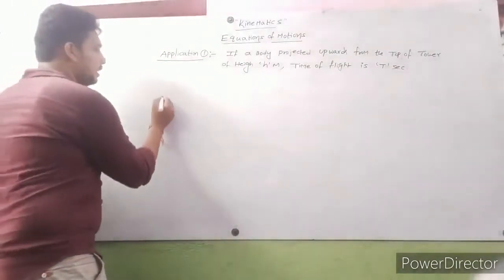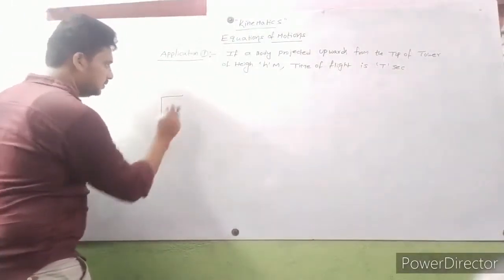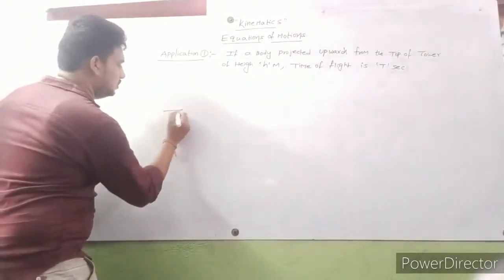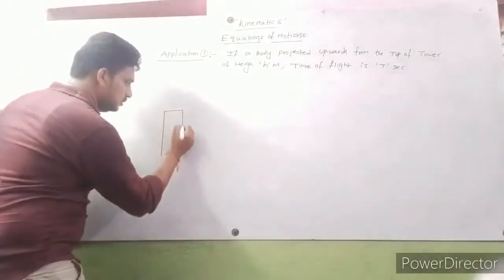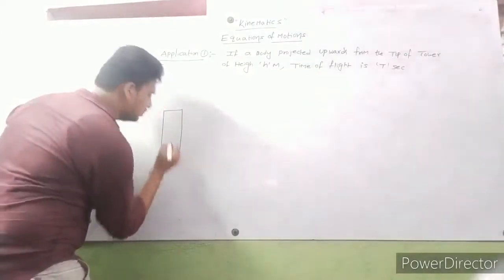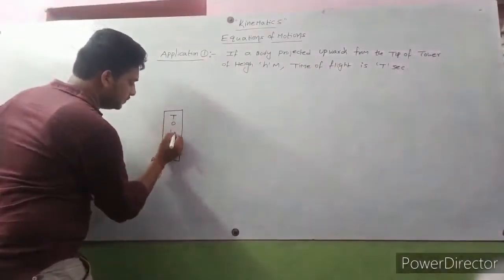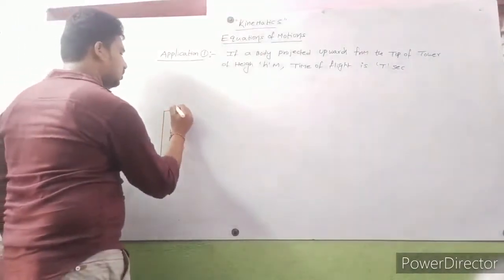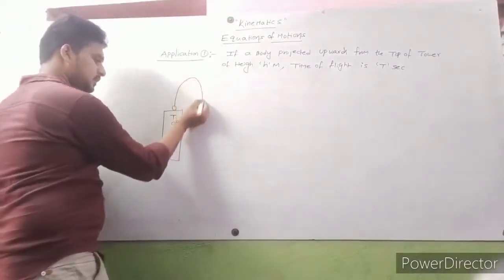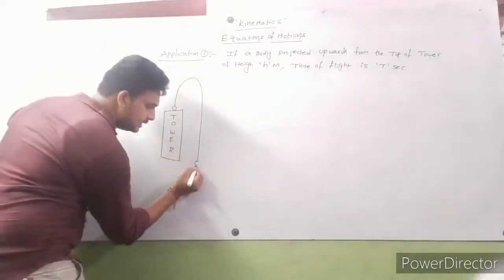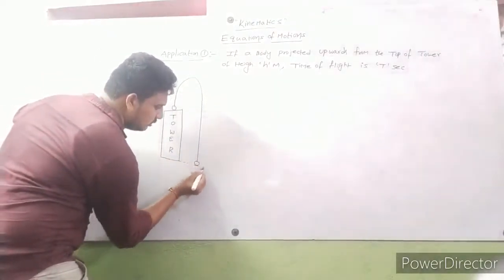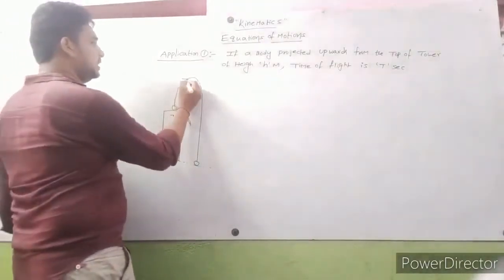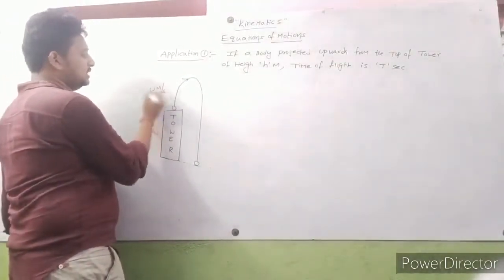Okay, for example, this is a tower. We projected a stone vertically upwards from the top of the tower. It reaches the ground. So this is the ground. We projected the stone with velocity u meter per second.